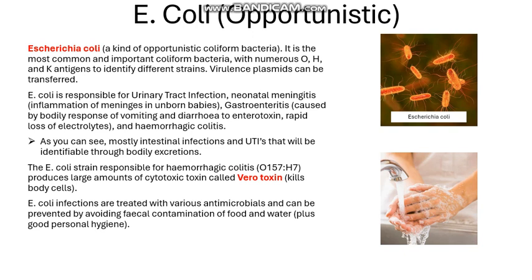And hemorrhagic colitis. As you can see, most intestinal infections and UTIs are identifiable through bodily excretions. The E. coli strain responsible for hemorrhagic colitis produces large amounts of a cytotoxin called verotoxin, which kills body cells. E. coli infections are treated with various antimicrobials and can be prevented by avoiding fecal contamination of food and water, plus good personal hygiene.